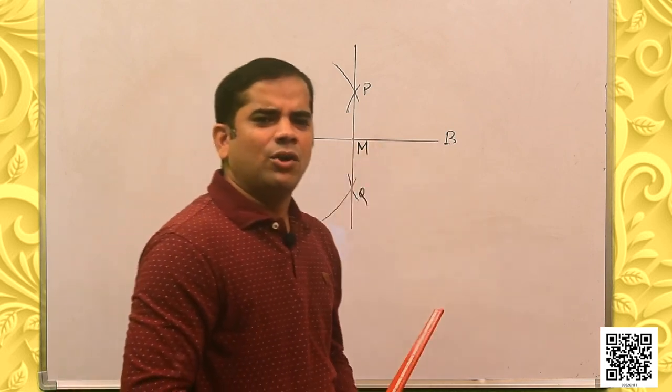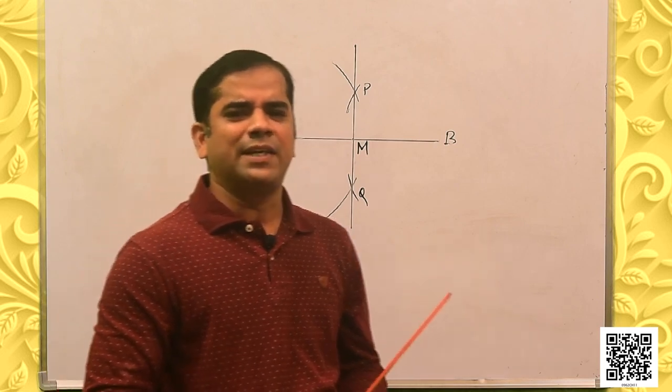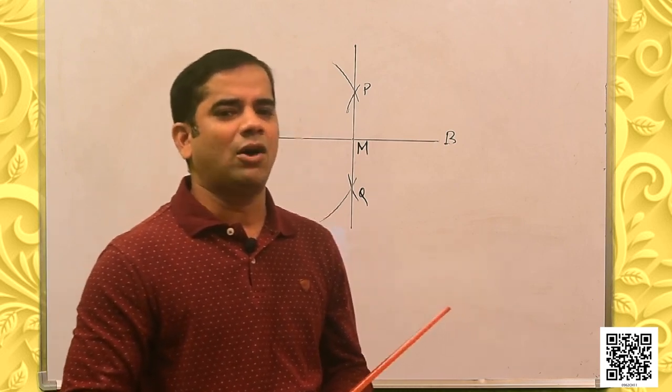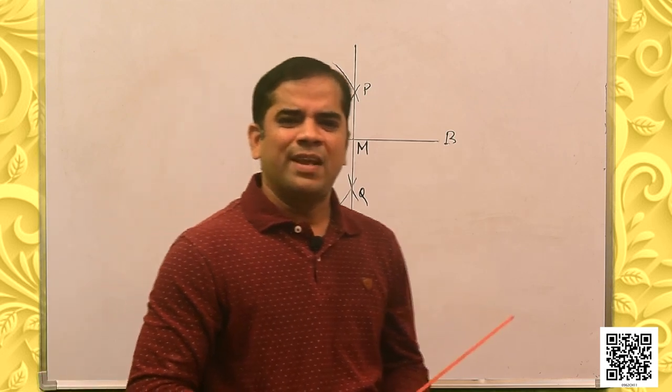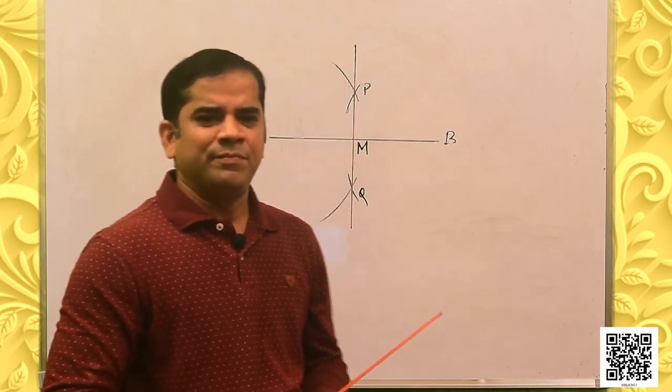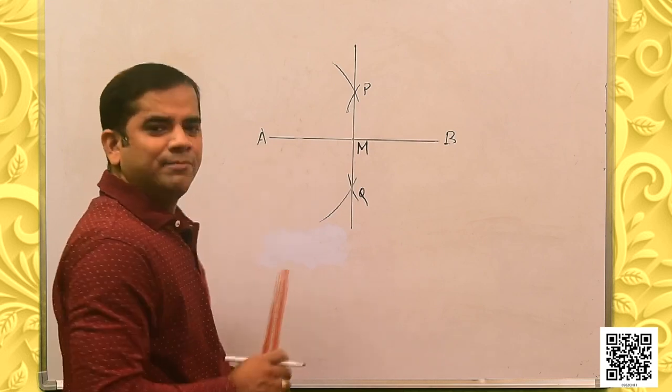Fine. So let us see how this method gives us the perpendicular bisector of AB. Join A and B to both P and Q.